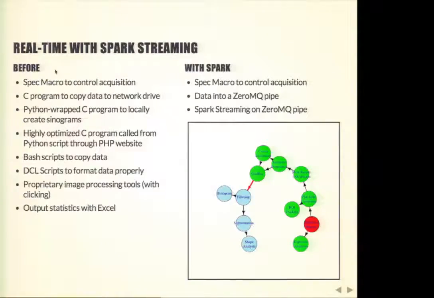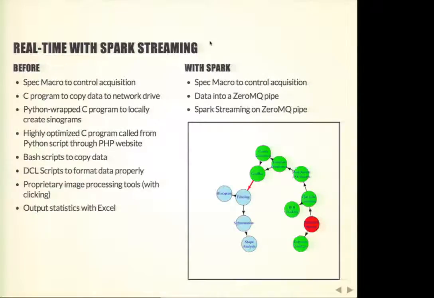So in terms of real time with Spark streaming, before, as is very common with scientific approaches, there are many different tools involved that are hacked together to get something to work. It's functional, but if one part breaks, the whole thing falls down, and if you add one node, it won't automatically be integrated into the analysis, and it doesn't keep up with the current data rate.